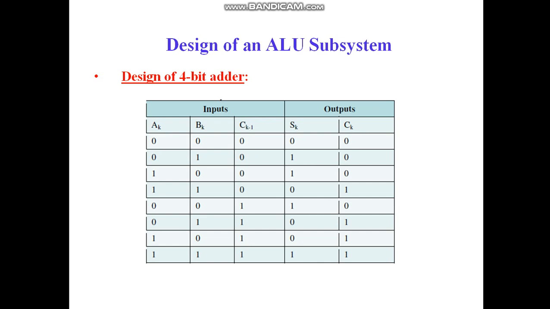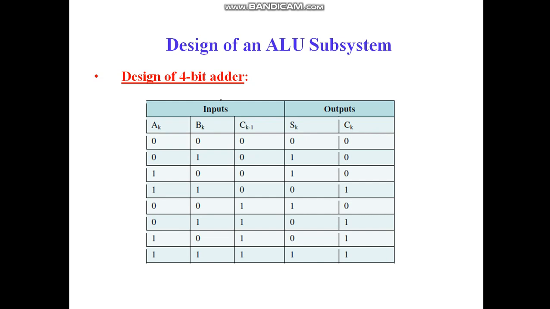So we can conclude that when AK is equal to BK, then CK is same as AK or BK, as AK and BK are same. Let us see what happens when the inputs are different. When AK is 0, BK is 1, CK is 0. When AK is 1, BK is 0, CK is 0.